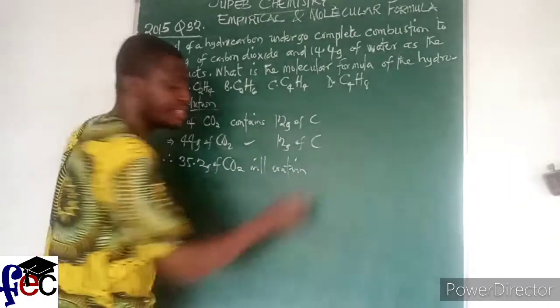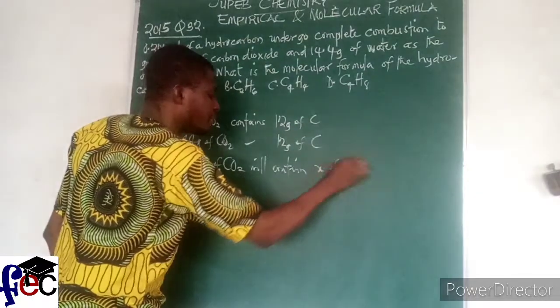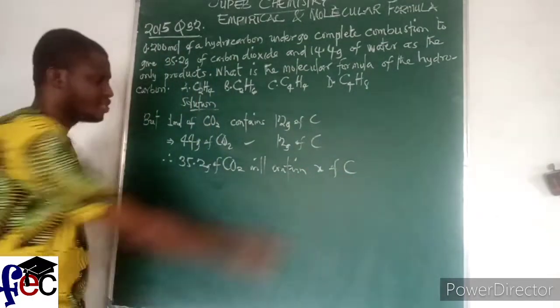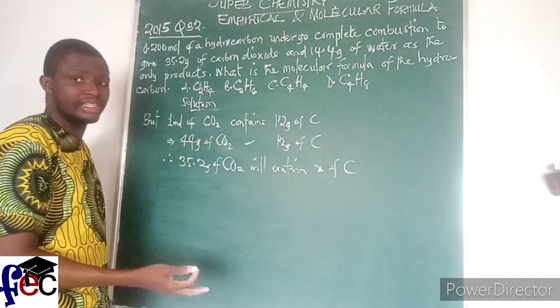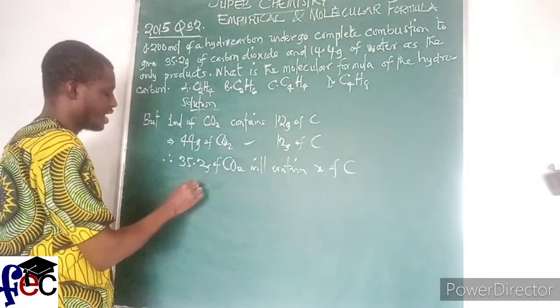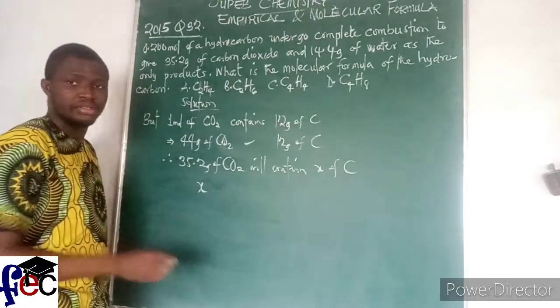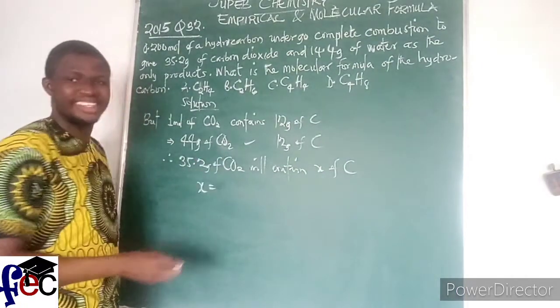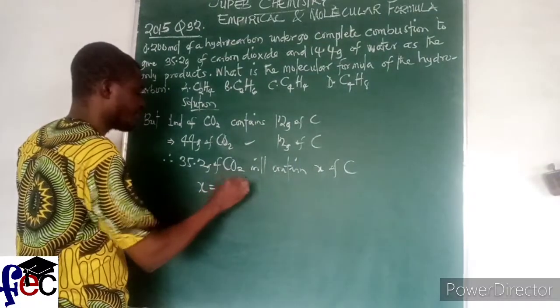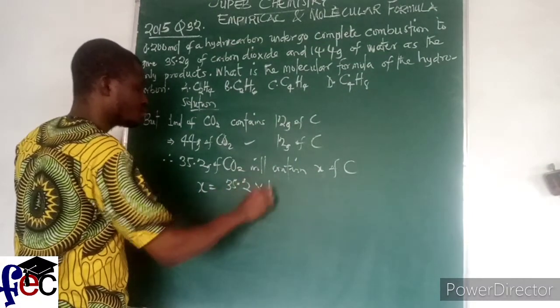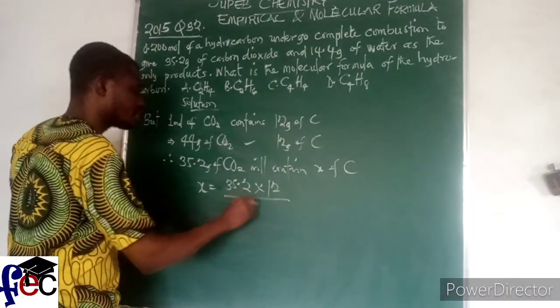Let's say it contains X of carbon. Our duty is to get this X, okay? Mathematically, our X will become the ratio of the product of 35.2 and 12 to 44.